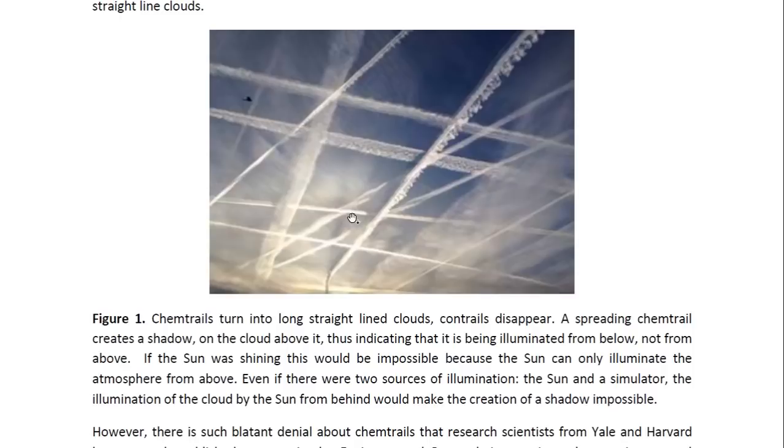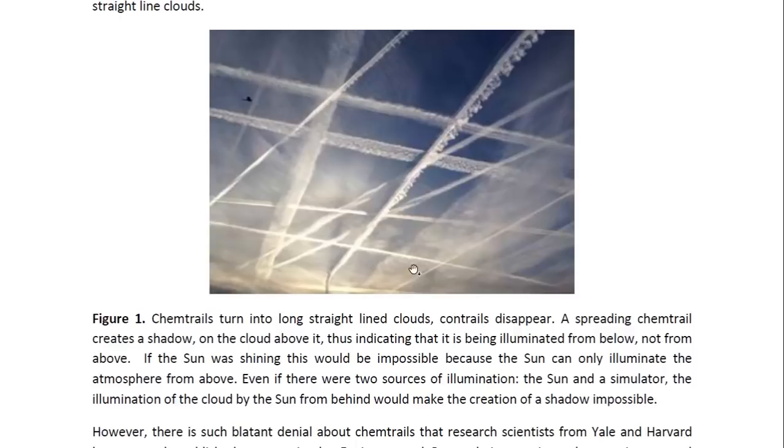And so if the sun was illuminating the atmosphere from above, there would never be any shadows. There would be nothing to cause shadows because only something above the cloud would be able to create a shadow. So you would only be able to see it from above. But we are seeing a shadow from below. And that means that the light that is illuminating the object, creating the shadow, is below the object.